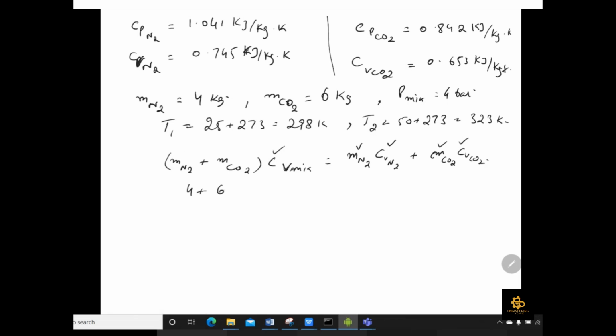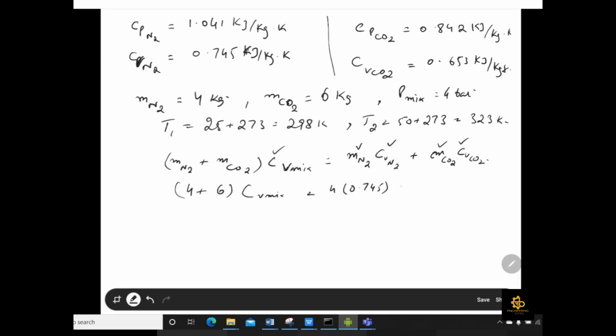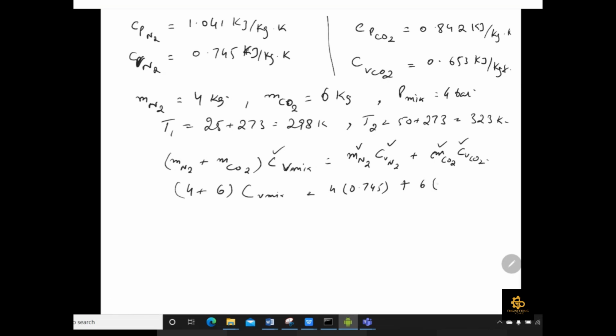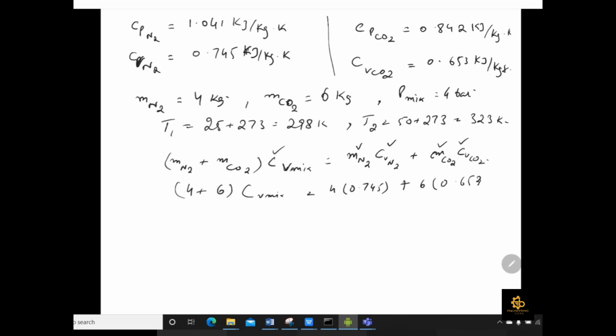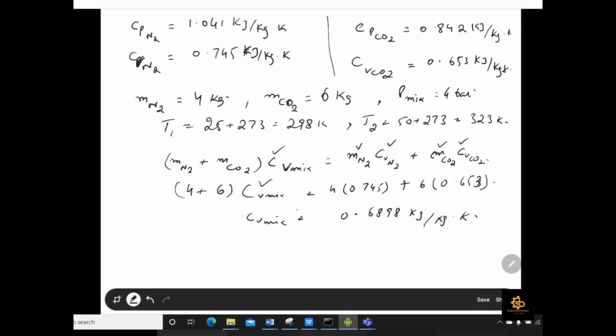Simply, 4 plus 6 times Cv mix is equal to 4 times 0.745, which is the Cv value for N2, plus the mass of CO2, which is 6 kg, times the Cv value of CO2, which is 0.653. Now if I solve for Cv mix, the value will be equal to 0.6898 kilojoule per kg Kelvin. So the Cv mix value is known to us now.